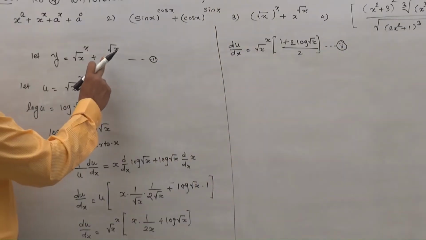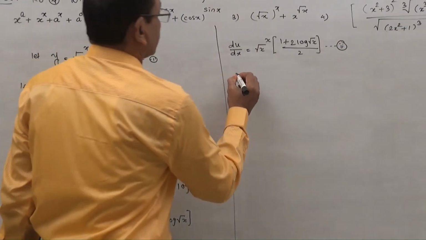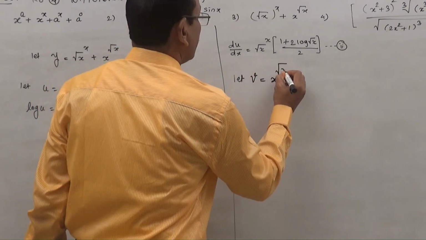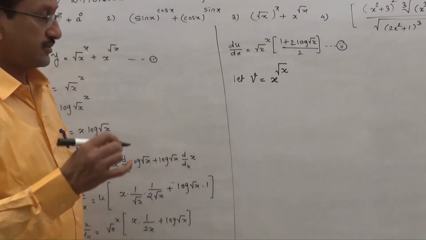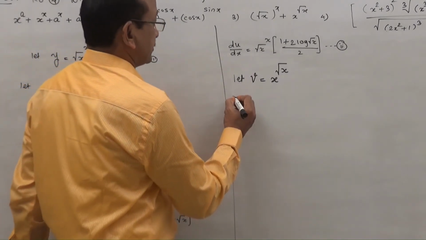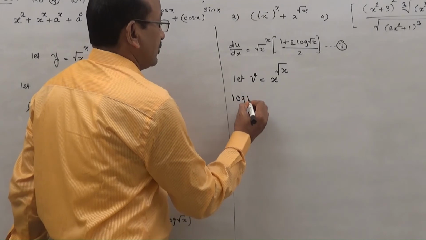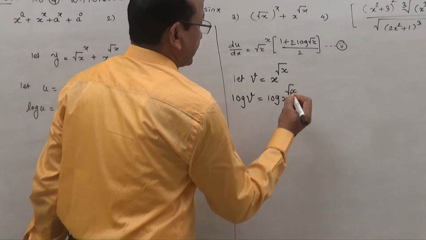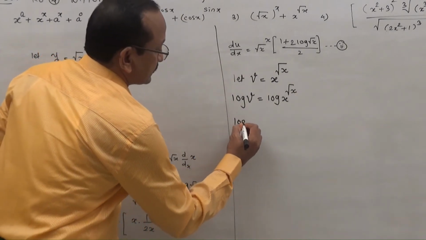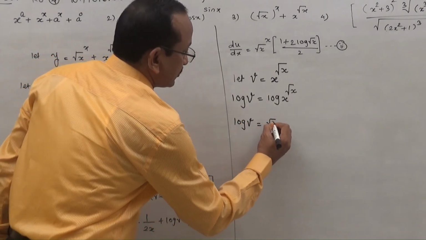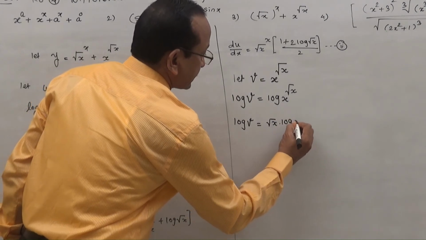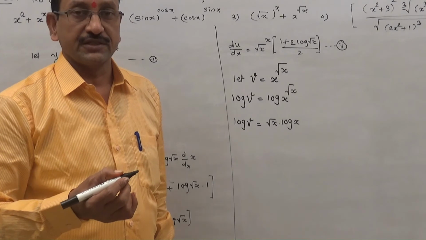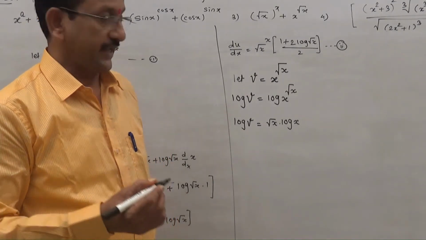Now let v is equal to x raised to power root x. How to solve this? By taking logarithmic differentiation on both sides. So log v is equal to log of x raised to power root x. So log v is equal to root x into log of x, by using the formula log a raised to power n is equal to n times log of a.